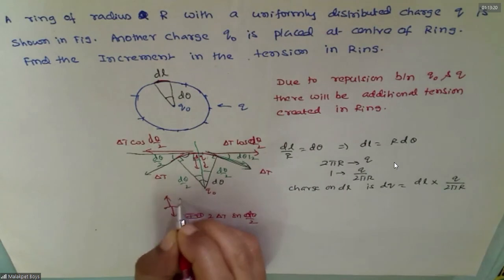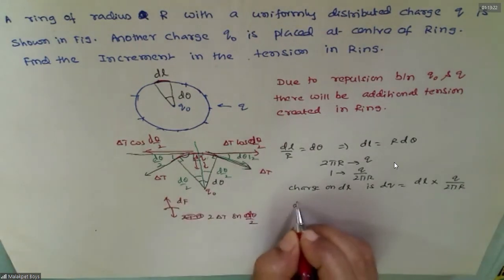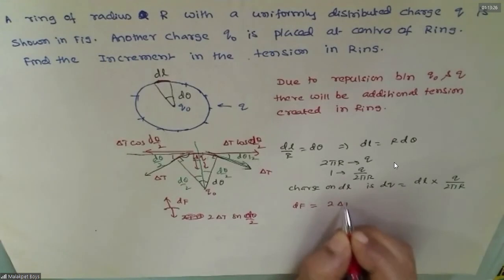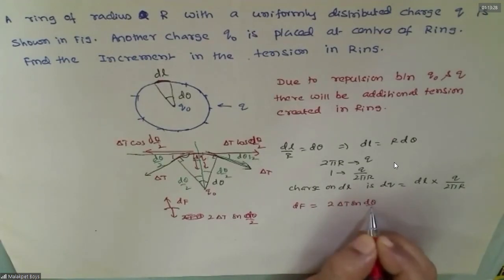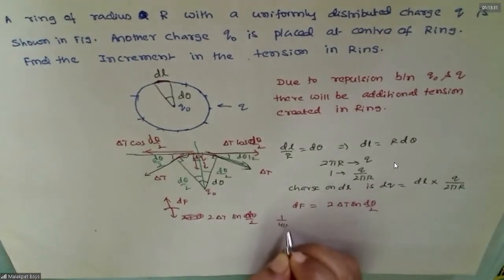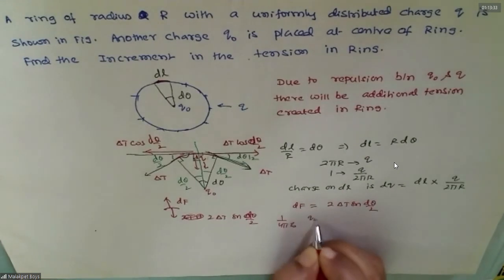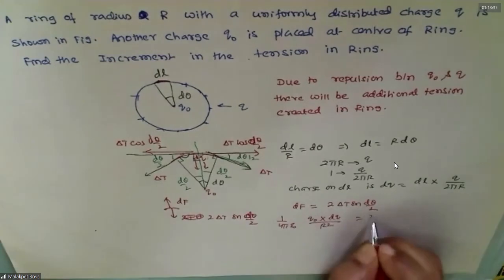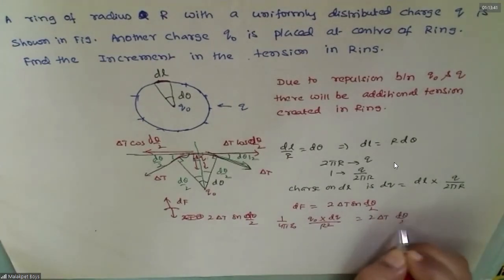And there is a dF. For equilibrium, dF should be equal to 2 delta T sine d theta by 2. What is dF? 1 by 4 pi epsilon naught, q naught into dq by r square. See, for small angles, you can write like this, no?